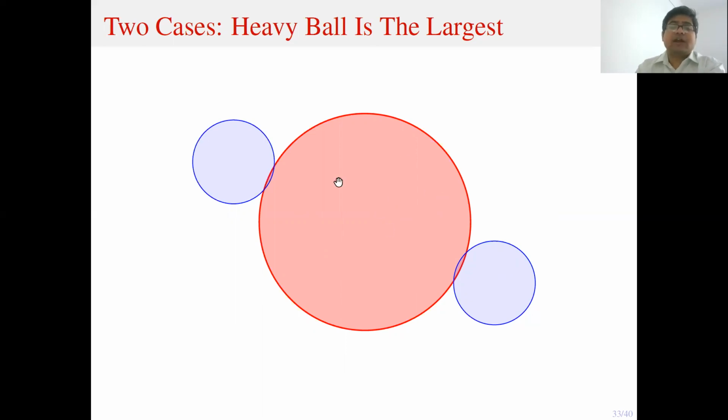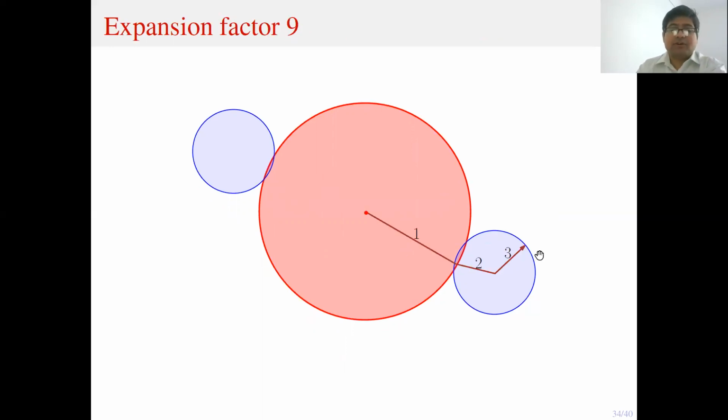If the heavy ball is the largest ball in this cluster, then I can expand this heavy ball by a factor of 3, and all the points are at most 3 hops away from the center. And thus I can cover all the points inside the cluster by 3-factor expansion. However, the pre-processing step incurs a 3-factor expansion for the heavy balls, and that's why in this case I need in total a 9 expansion factor.